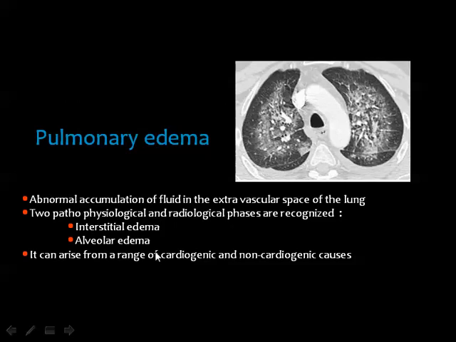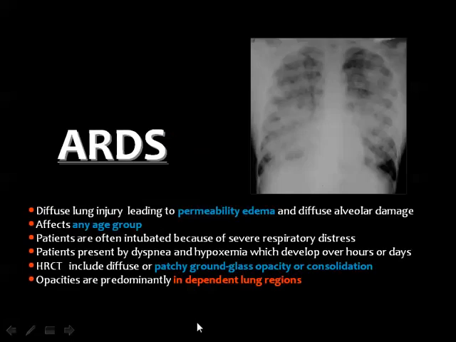And we have said that the pulmonary edema is either interstitial or alveolar. Interstitial edema, we explained, you have too many opacities in the lung in the interstitial distribution, and it can be cardiogenic and can be non-cardiogenic edema.